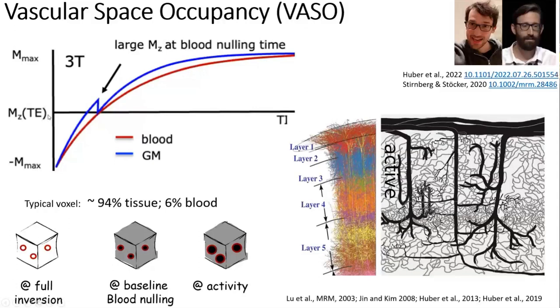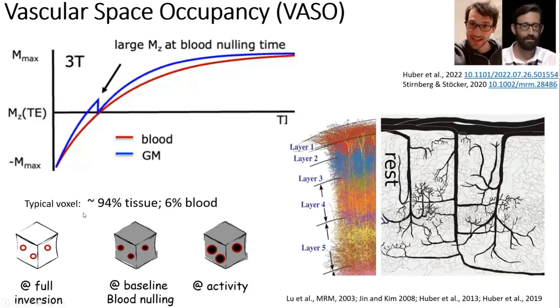When the blood signal hits the zero line, we then excite, such that we null out the blood signal and all we measure is the signal from the gray matter tissue. Another way of thinking about this is if we imagine that our typical voxel is made up of 94% tissue and 6% blood, we still get most information from our tissue, right?